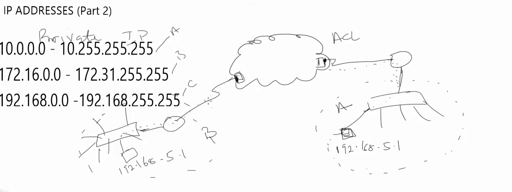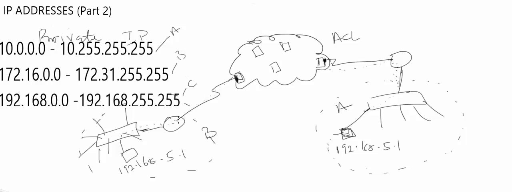Are you getting me? So how then does this guy get on the internet to be able to access Yahoo servers, Google servers, Gmail, and whatever you want to access? That is where network address translation comes into place. We'll talk about that in the CCNA class.